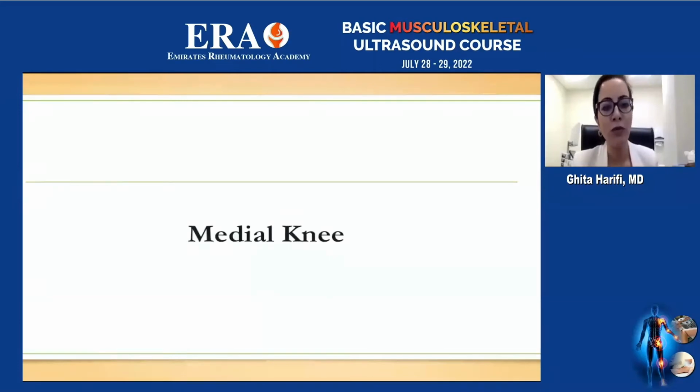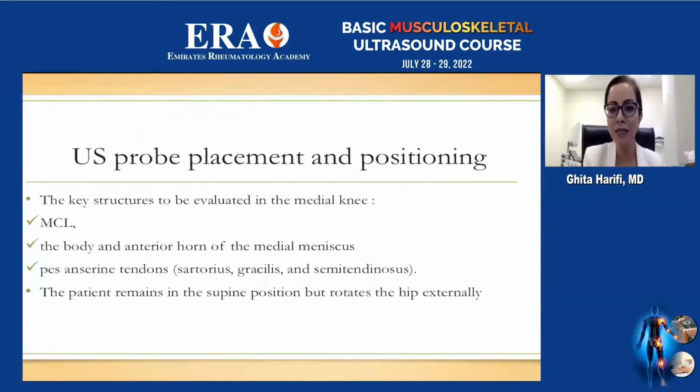So we're done with the anterior aspect of the knee, and we move now to the medial knee. In the medial knee, the key structures to be evaluated are the medial collateral ligament, the MCL, the medial meniscus, or at least the body and the anterior horn of the meniscus, and the pes anserinus tendons insertion, which is also a common area for medial knee pain in elderly patients, especially those coming with pes anserinus tendinitis.